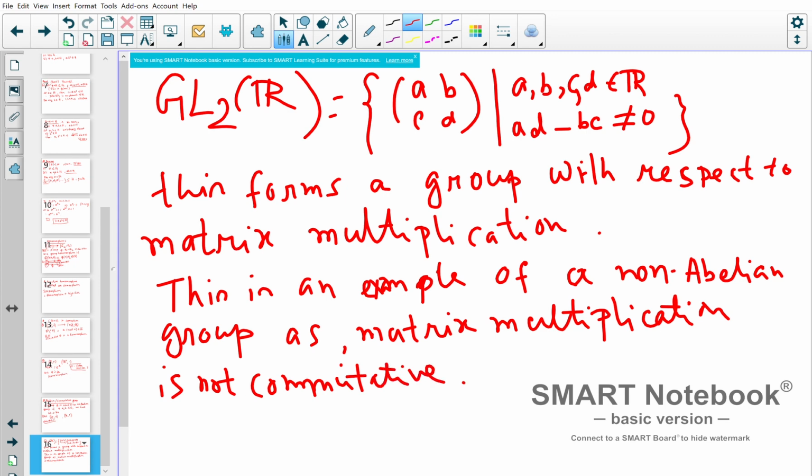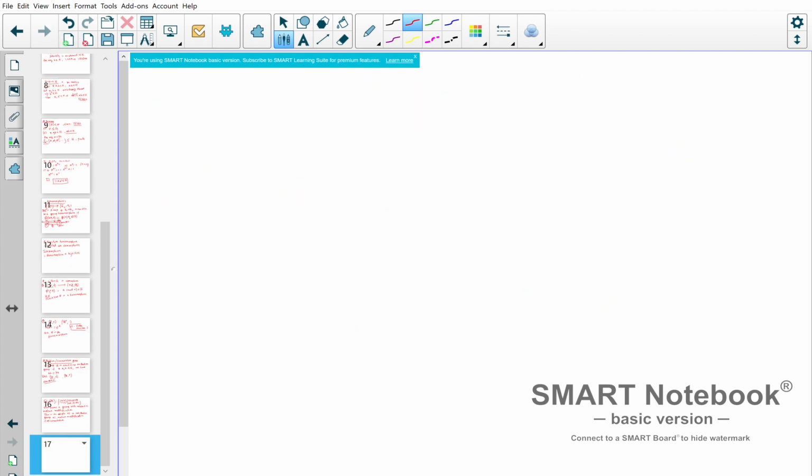Okay, so now if you have a group isomorphism, you can easily prove that there are these kinds of properties. There are many properties I am just writing.